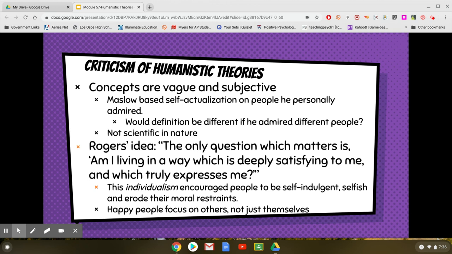Rather than thinking about how this affects others, it was only focusing on yourself. When we do other sorts of assessments on levels of happiness, we know that happier people tend to also focus on others and not just themselves.